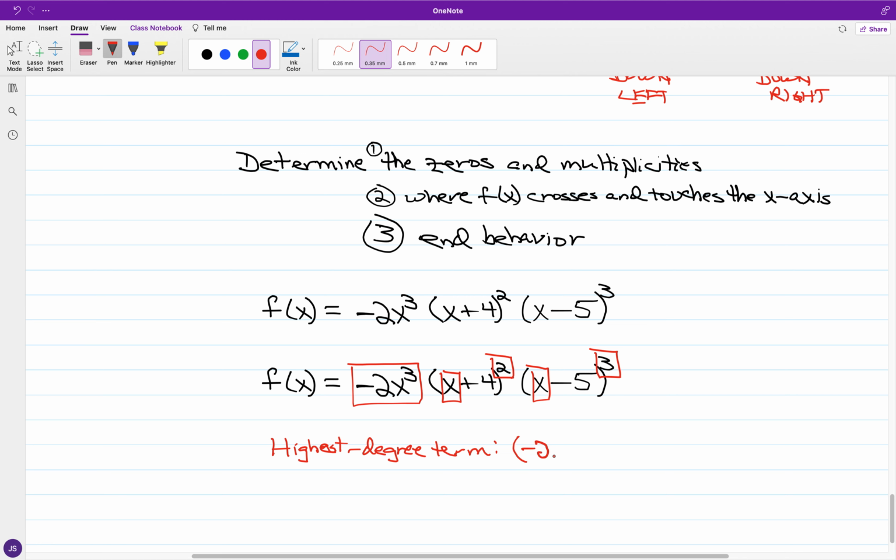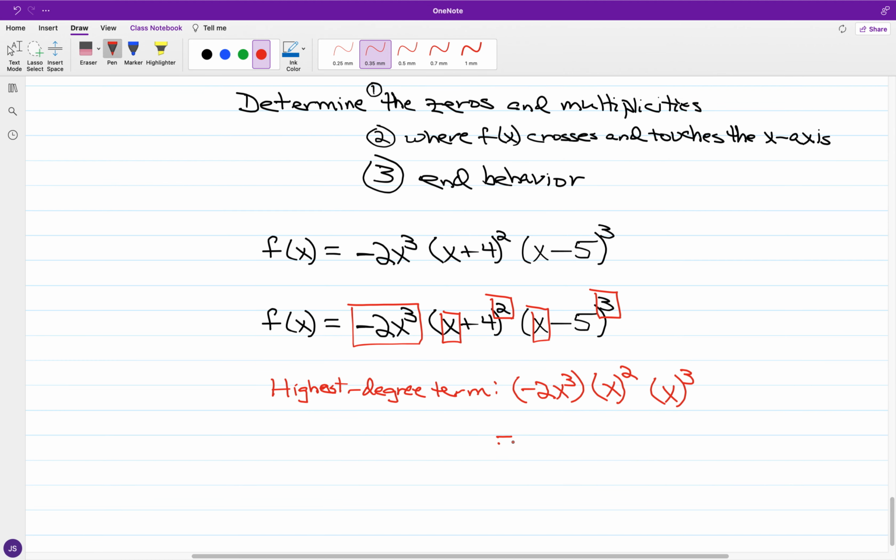So I'm looking at negative 2x cubed. The next I have from x plus 4 squared, I'm taking x, the higher order term, and squaring. And from x minus 5 to the third, again, x is the higher order term, and I am cubing. So I got negative 2x cubed. X to the second is going to be x squared.